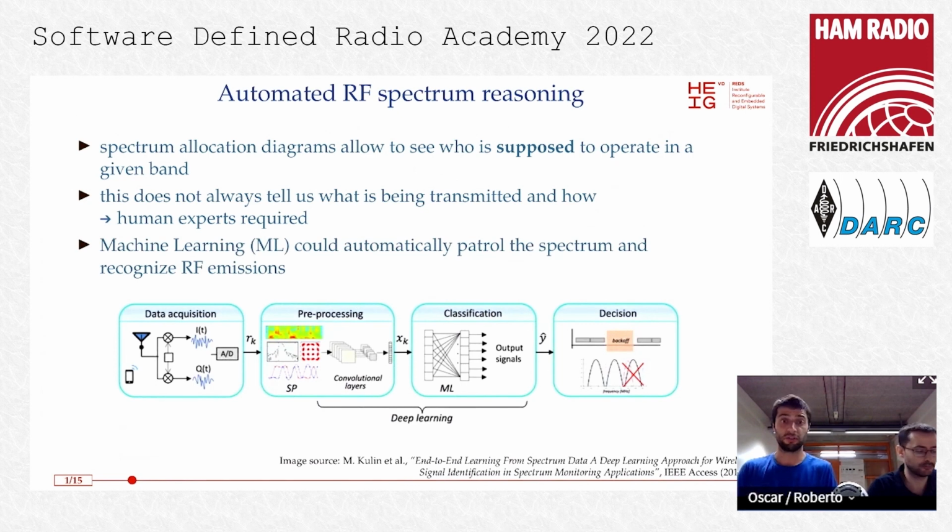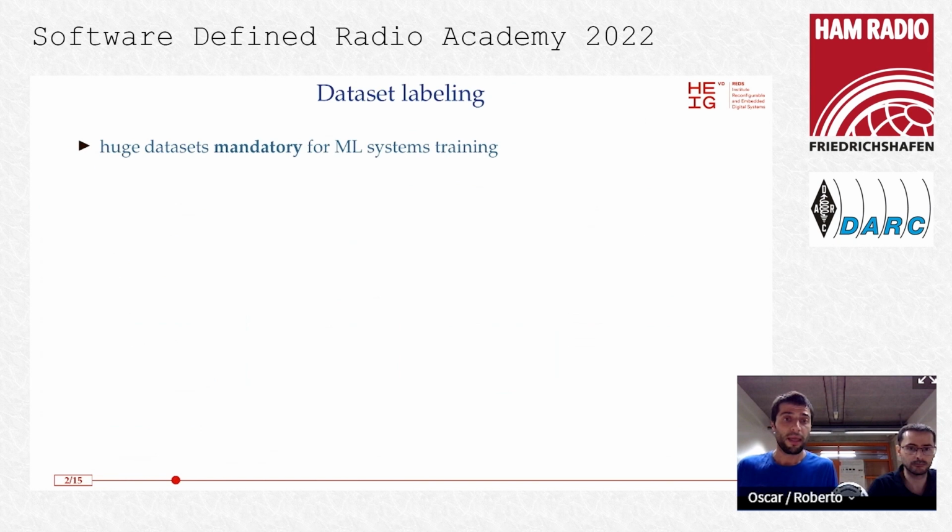Nowadays, we have machine learning systems which could automatically patrol the spectrum and recognize the emissions that are being transmitted. The point is that those systems require huge datasets for training, and while collecting data is cheap, in particular for radio frequency data, we just plug in an antenna and listen, and we can get as much data as we want.